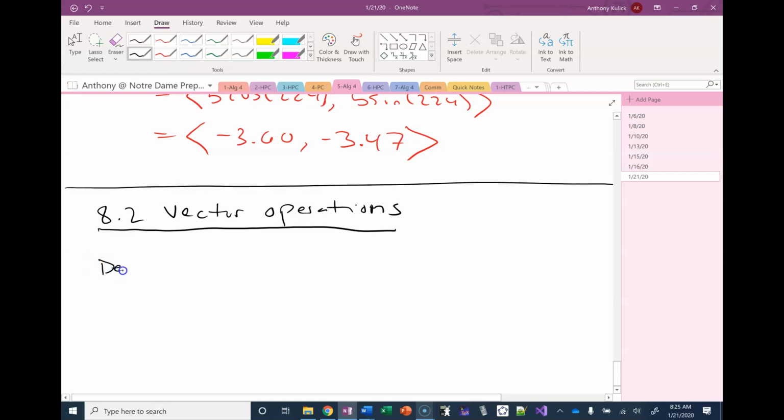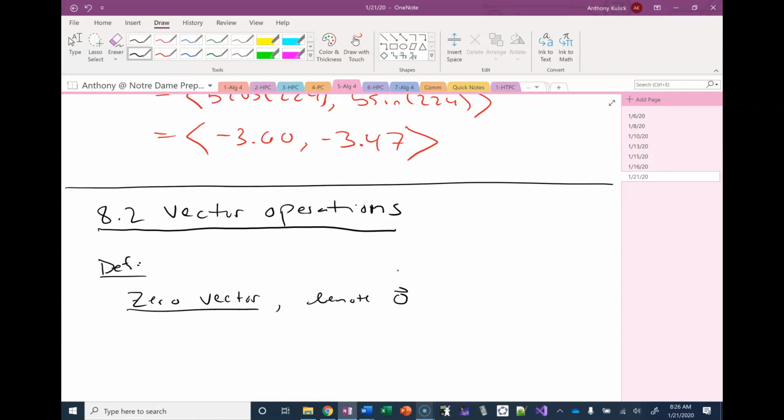So let's again start with some definitions. The first thing I want to do is define something called the zero vector. The symbol we use for the zero vector is a 0 with the vector hat on top of it, because we need to differentiate that from the number 0.